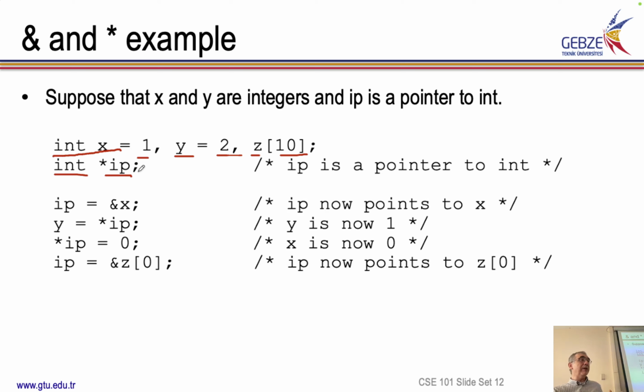No, it is a pointer. It is not initialized. But when I say this, a memory space is reserved. Then, when I say this part, IP is equal to the address of X, then it shows 1. So I can use IP instead of X. And you may ask, why?